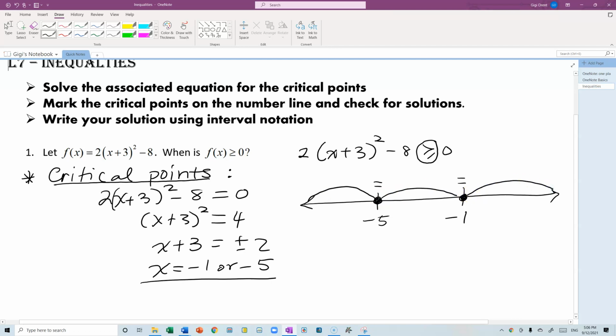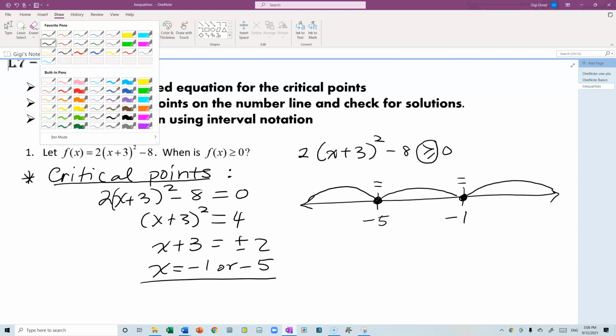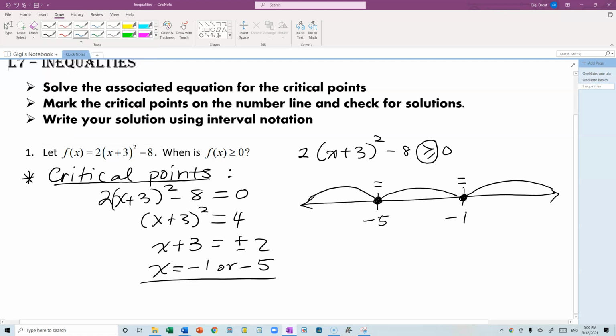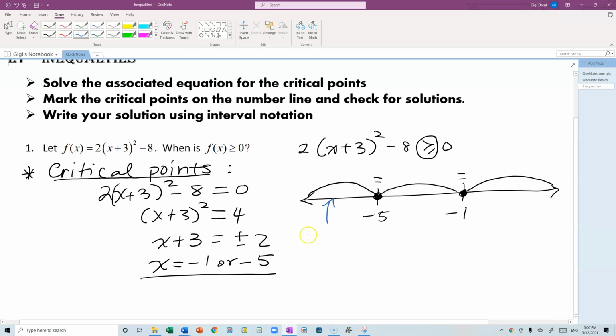Okay, so logically, if you pick a number within the interval and you test it, if it is going to work for you, then that would be the interval of your solution, right? So let's pick a number, say somewhere in here. I'm going to pick x equal to negative 6.